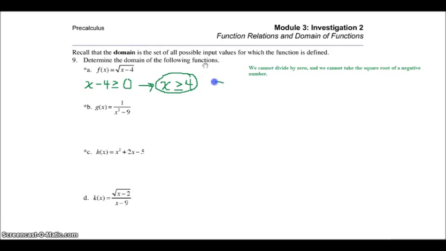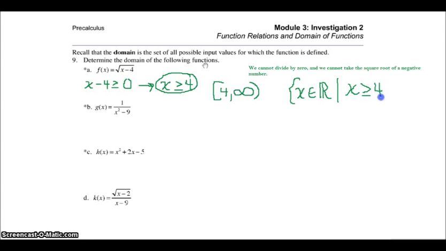This is appropriate for your answer for the domain. You could also use interval notation. You could write 4 to infinity. This means the set of all numbers greater than or equal to 4. If you wanted to get a little bit more technical mathematically, you could say the set of all x such that x is an element of the real numbers, so x is a member of the real numbers, and x is greater than or equal to 4.